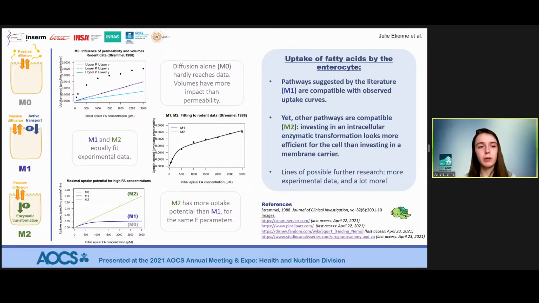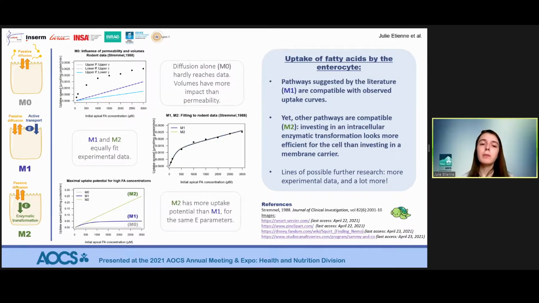Looking at the graphic on the top, we can see model M0, where uptake is only by passive diffusion, and this model hardly reaches the experimental data or stays in the lower part of it. And moreover, if we play around with the parameters, we see that volumes have more impact than permeability.